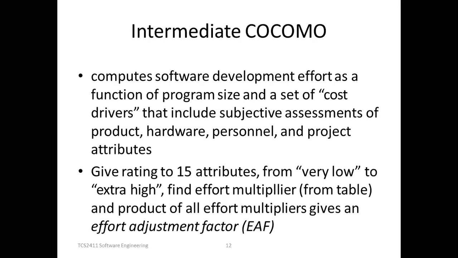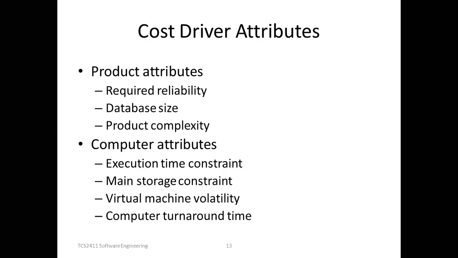So you can see on the screen the cost drivers. Product attributes have 3 cost drivers: required reliability, database size, product complexity. Computer attributes include execution time constraint, main storage constraint, virtual machine volatility, computer turnaround time.